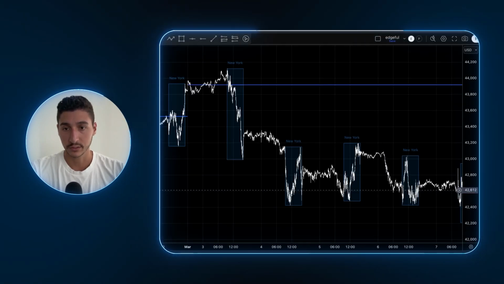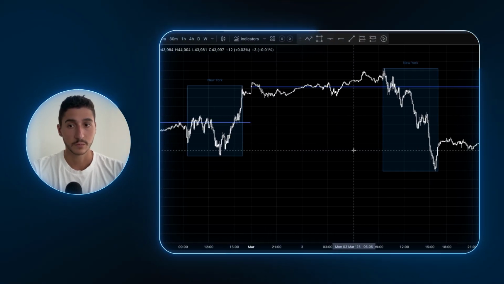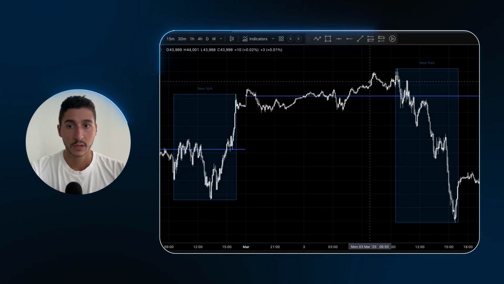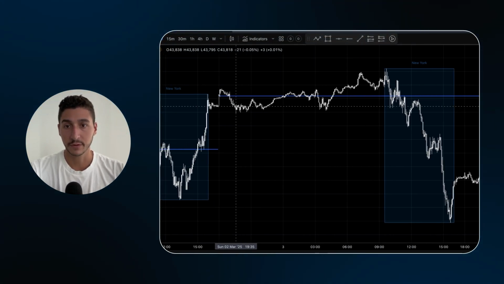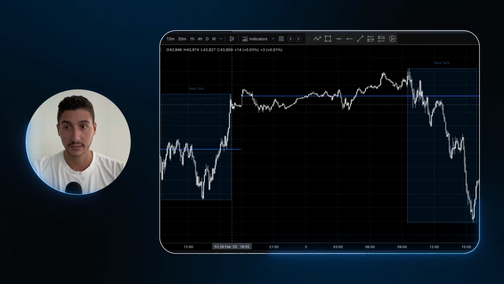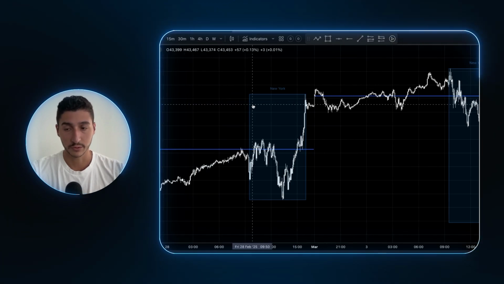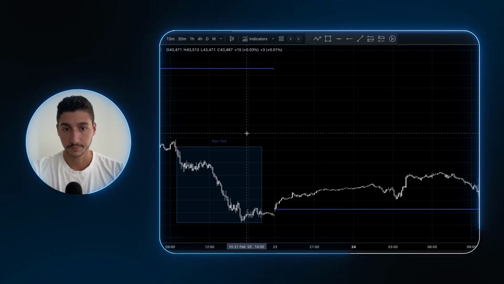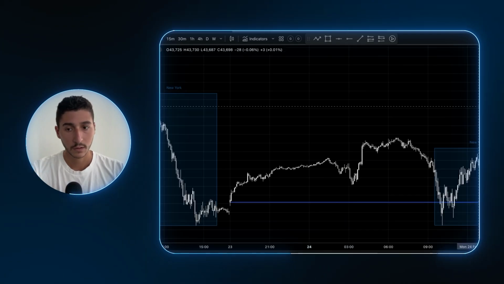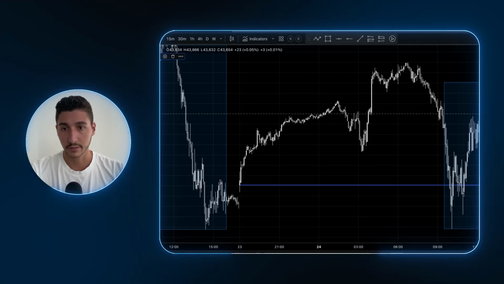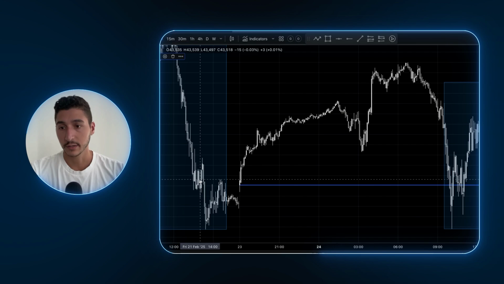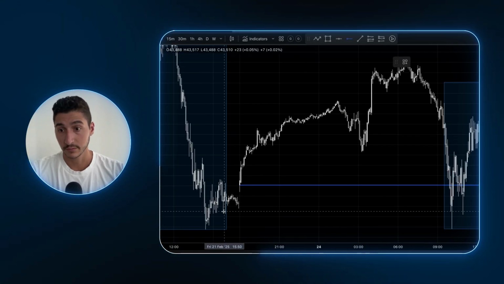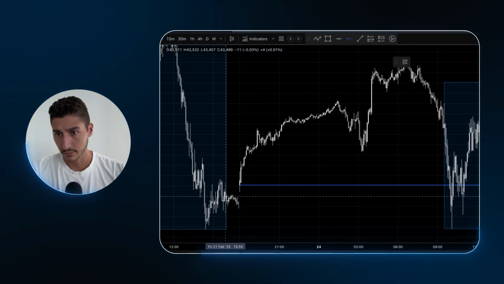Obviously, one of the ways to use this is primarily on a Monday morning. Now, some people will look at the gap fill. Some people will look at the outside days. Some people will look at the opening retracement. Like this is a pretty good example, actually. This is actually a great example here, where if we look at the gap fill, that would be right over here.